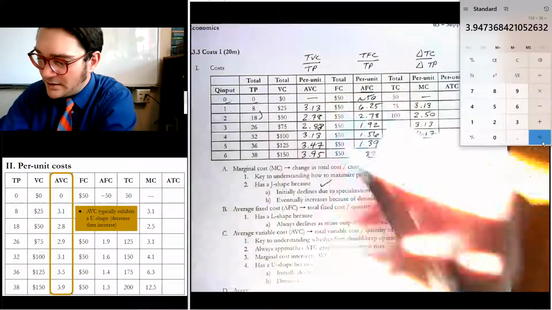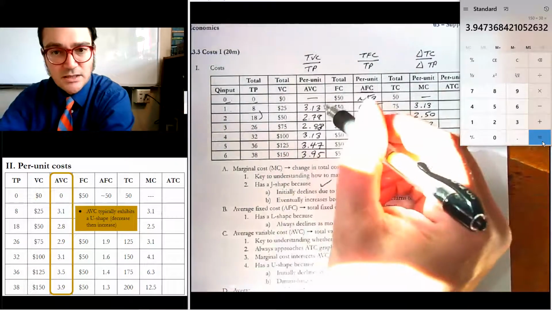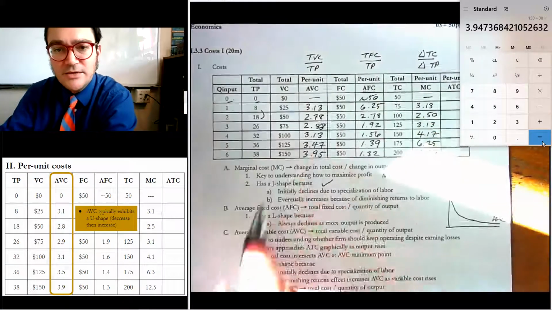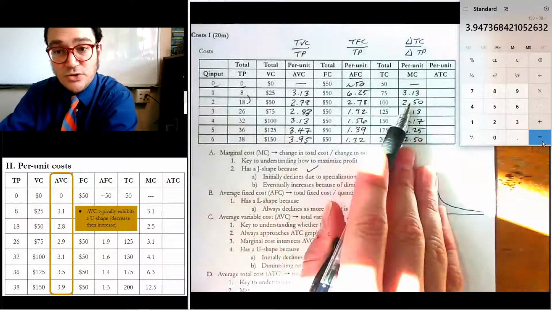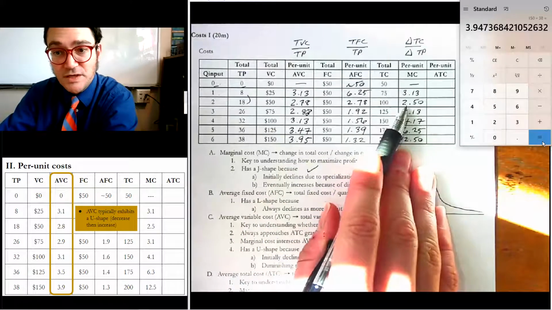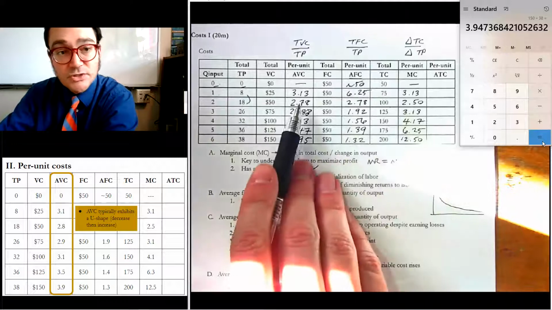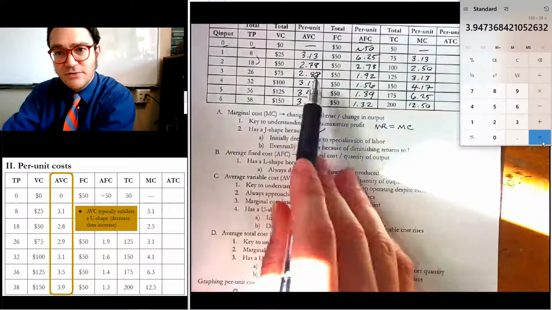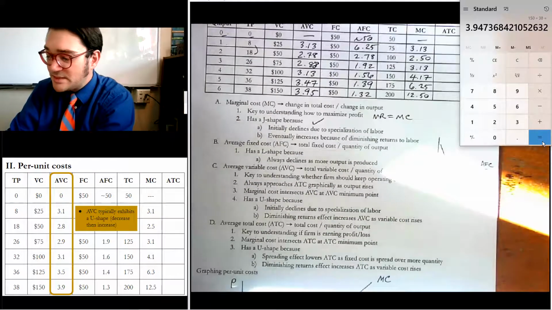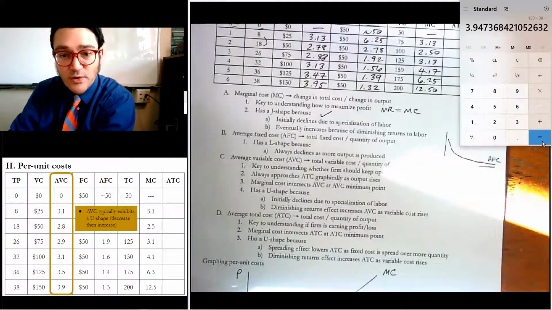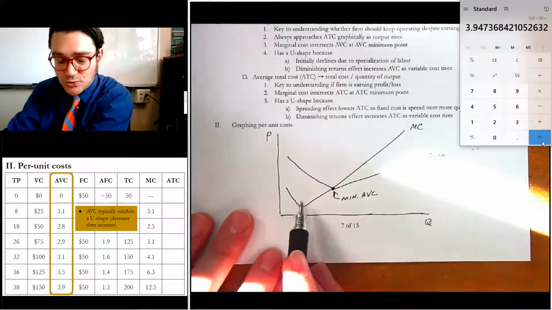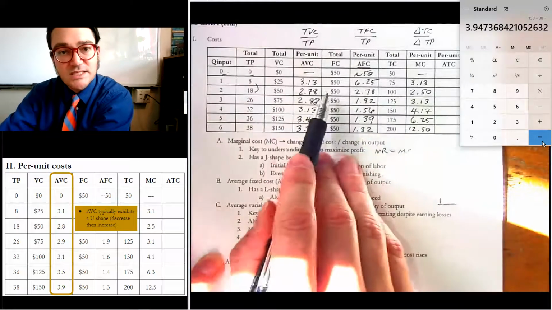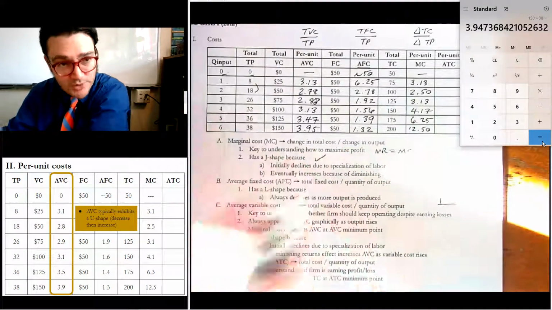So we can see that it starts at 3.13, goes down, and then immediately it's going to start coming back up again. And notice that this point where marginal cost was at its minimum, 250, that's where it was at its lowest, is also the point where AVC is going to hit its minimum. And it's crossing through in that point. Now, I'm just going to say that that's a weird coincidence. On our graph down here, I didn't draw it that way. It's a weird coincidence that those two things are occurring at the same level of quantity of input. Okay.